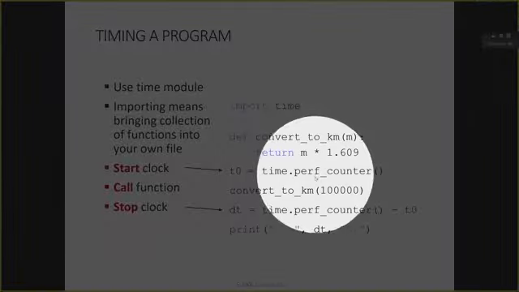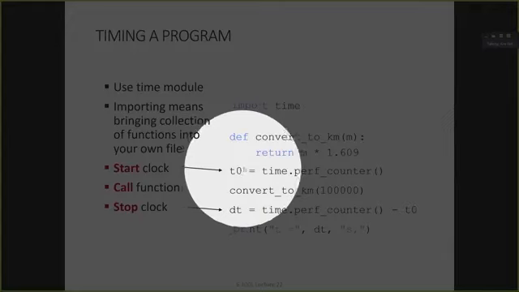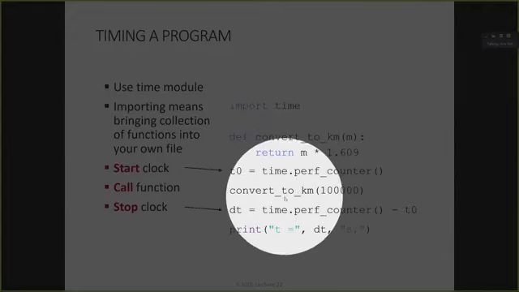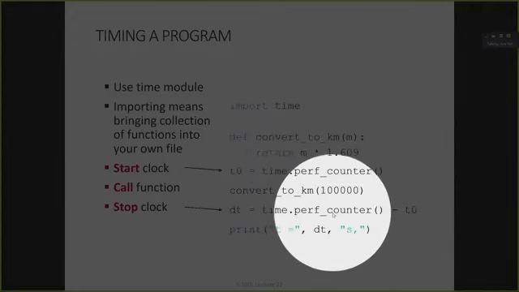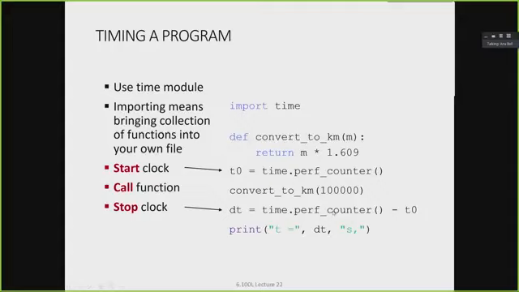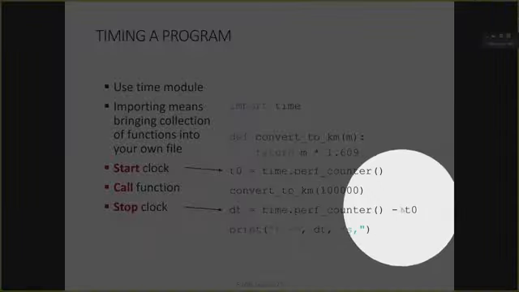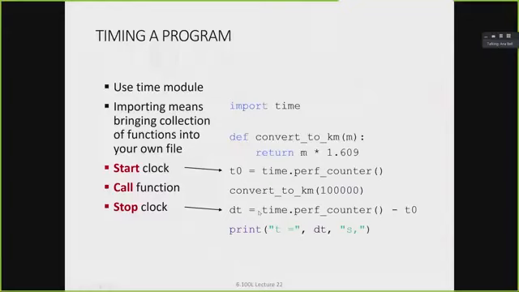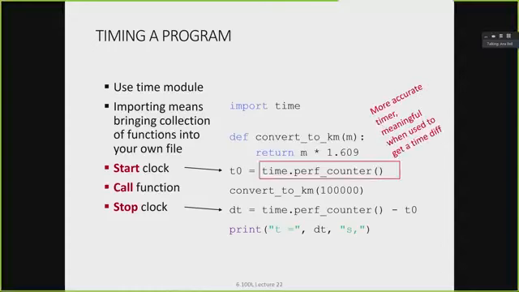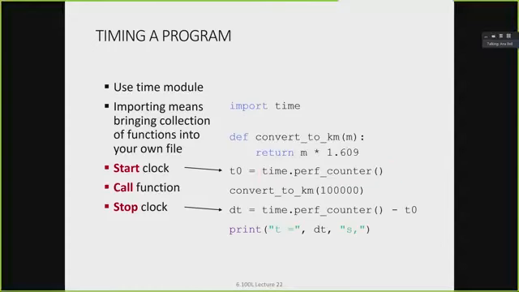So we run the performance counter to get the quote-unquote starting time. We run the function. We run the performance counter again to get the quote-unquote stopping time, and subtract the starting time to get the dt. Then we will print that time to see how long the function actually takes to run.